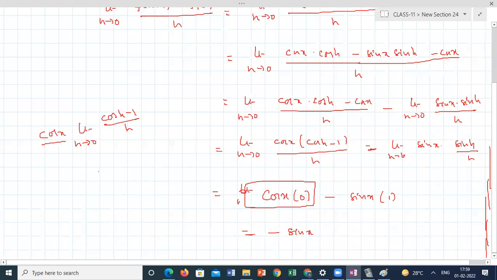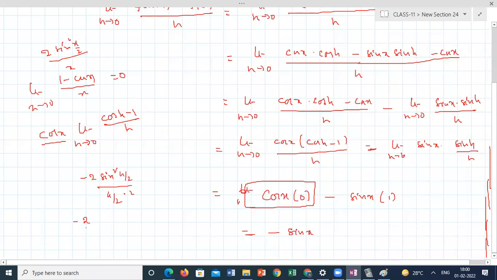Will you be able to remember the formula: 1 minus cos x by x, limit x tends to 0, is 0. This will be 2 sin square x by 2 divided by x. That formula I'm using here. Minus 2 sin square h by 2 divided by h by 2 into 2.